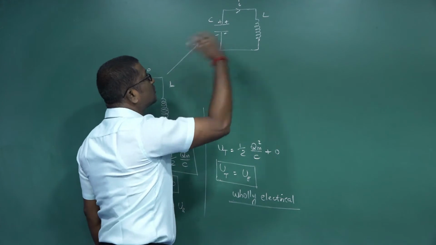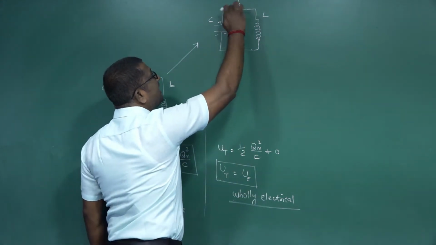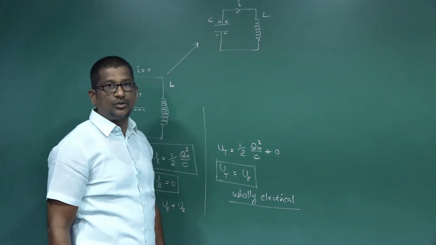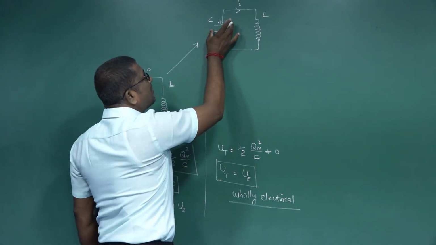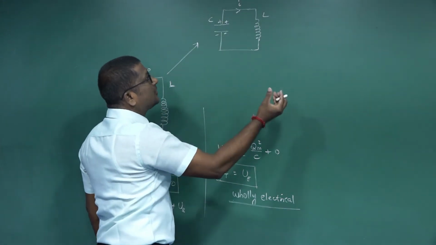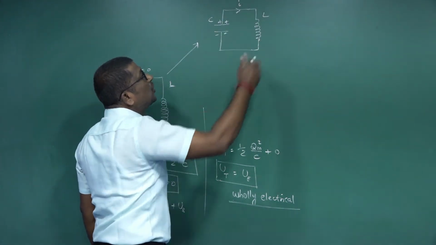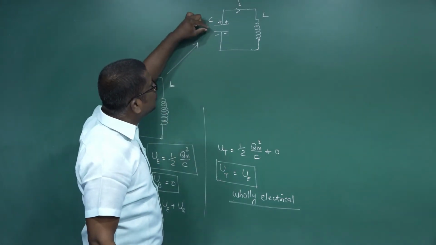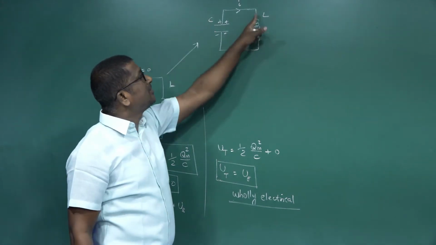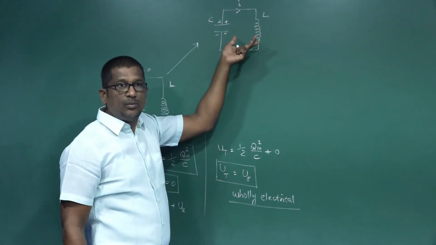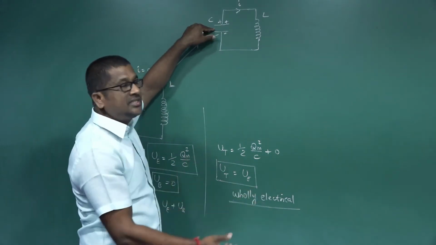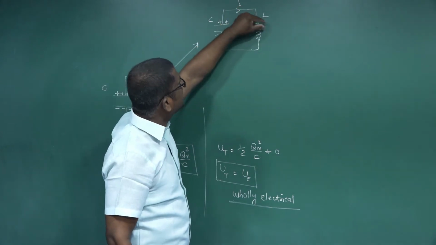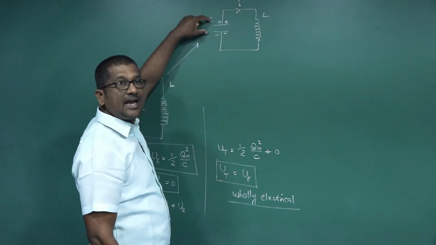If the capacitor starts to discharge, an electric current I flows through the circuit, through the inductor. That is, the capacitor transfers a part of the energy to the inductor. Some part of the energy is stored in the capacitor and the remaining part of the energy is stored in the inductor. So there is energy stored in both the capacitor and the inductor.